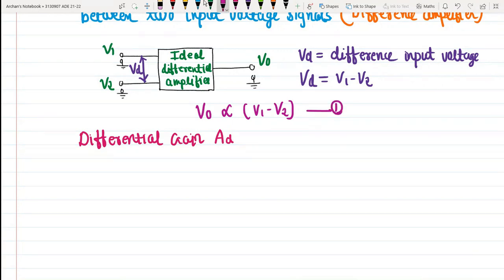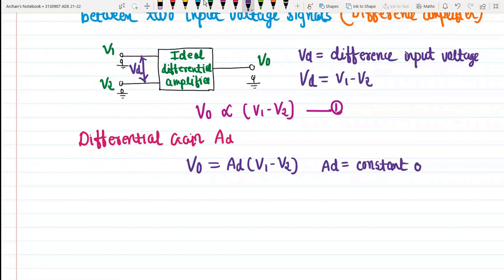Right? So from equation number 1, now I will be able to write this as V0 equal to AD, where I am taking the proportionality constant AD, into V1 minus V2.